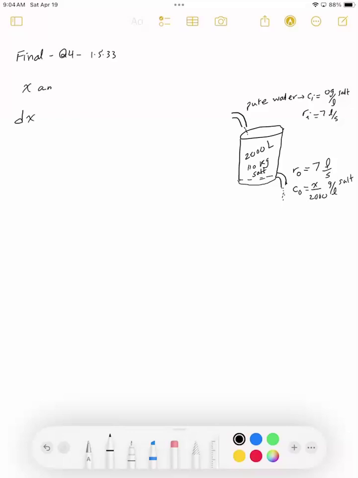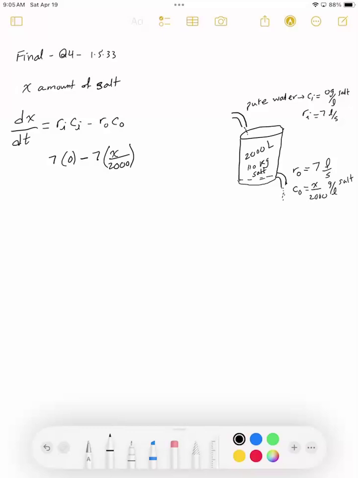I did that because we know the formula for the amount of salt. X is the amount of salt. So the change of salt with respect to time is equal to RI CI minus RO CO. So RI is 7 times CI is 0, minus what it exits, which is 7 liters times the concentration X over 2,000.